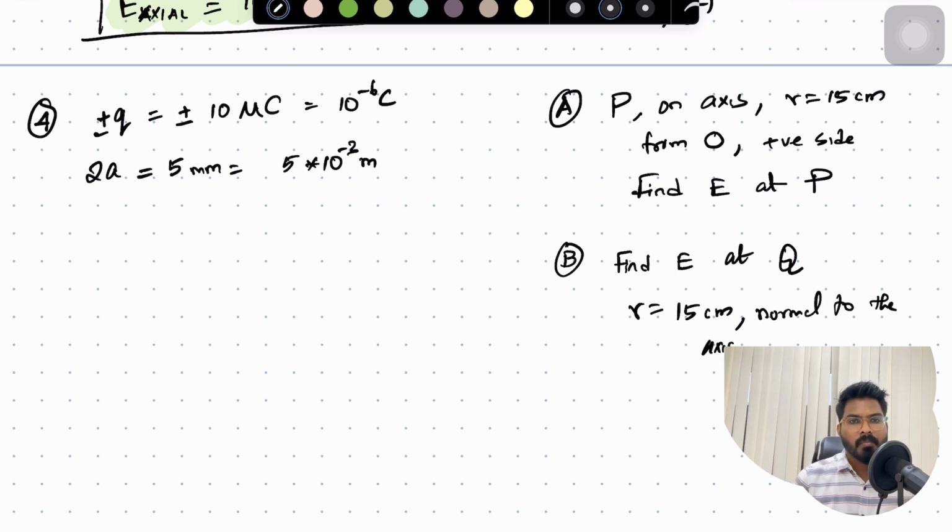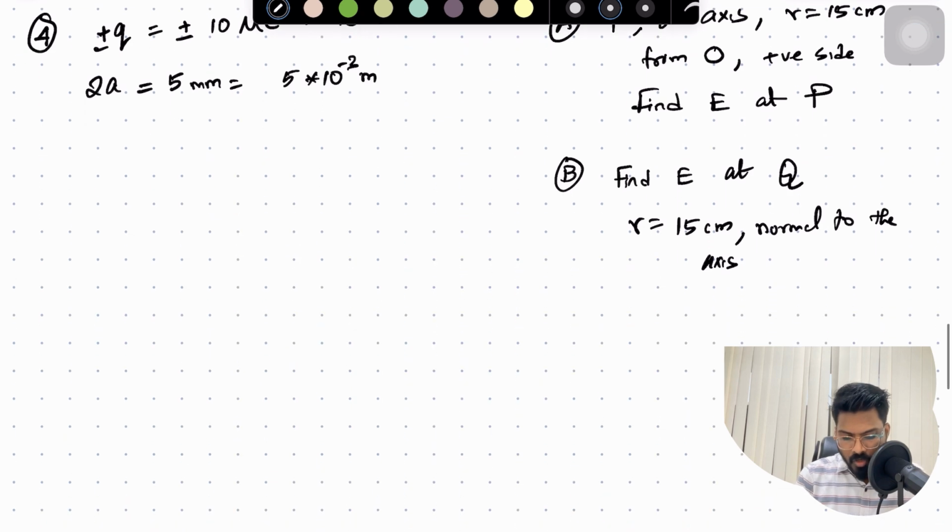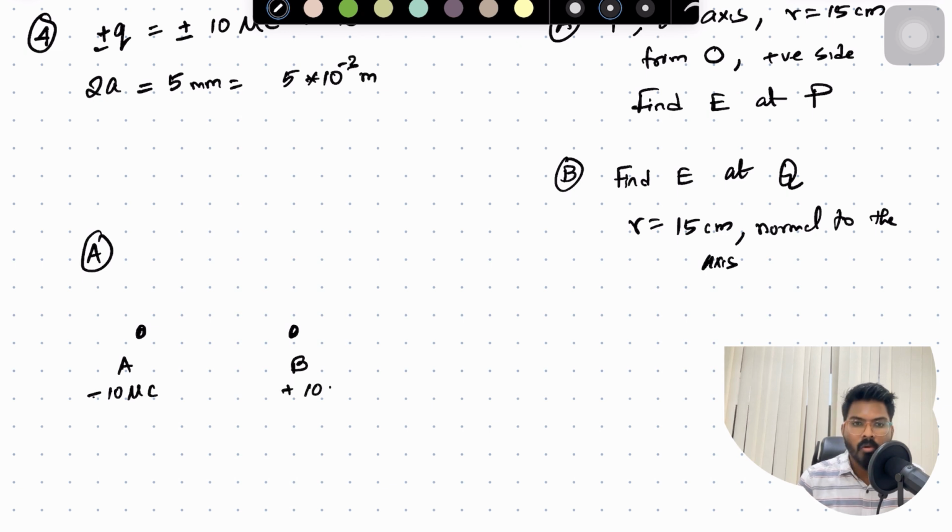That is the difference. So if you want to visualize this, let's get started with the first part of the question. So we have two charges, A and B. We keep minus 10 microcoulomb here, plus 10 microcoulomb here.